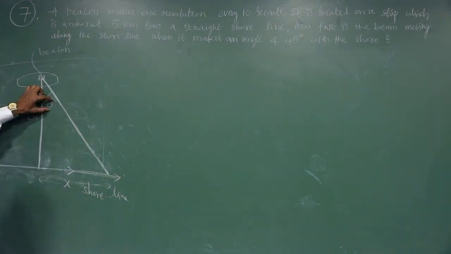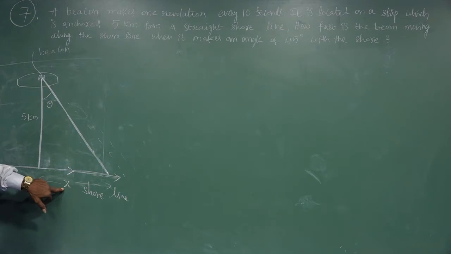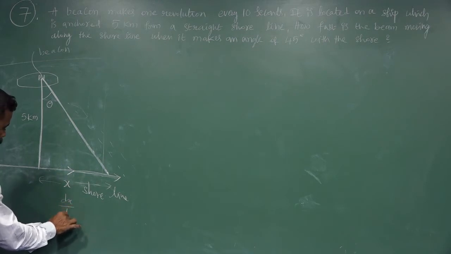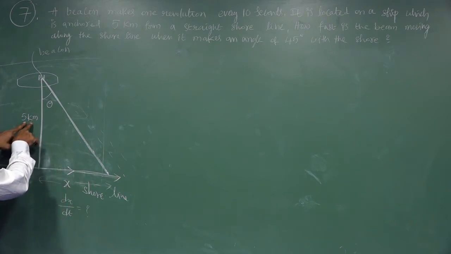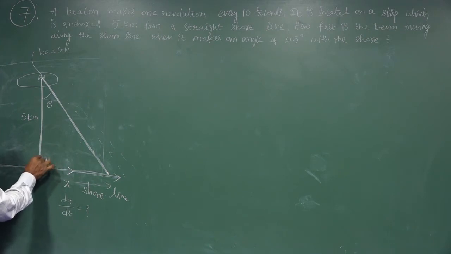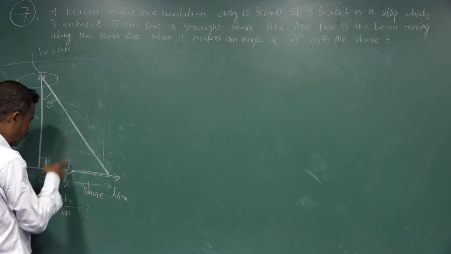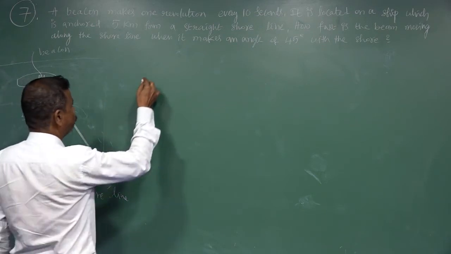So if theta is equal to 45 degrees, then dx by dt, how much is he asking? This is x, this is the 5 kilometers, this angle is theta. This is a right angle triangle. From this, tan theta is equal to x by 5.